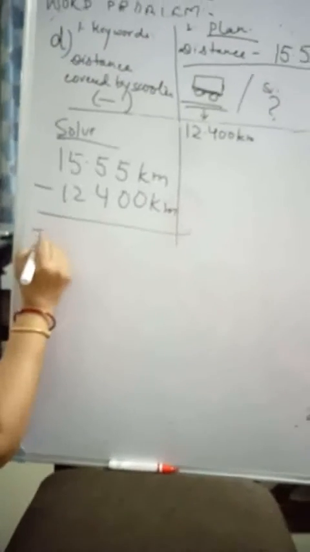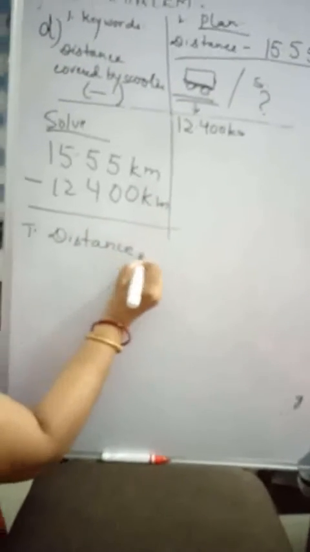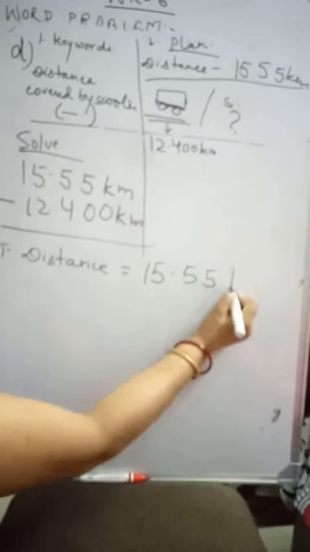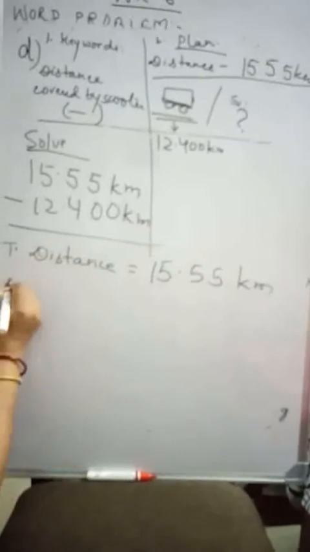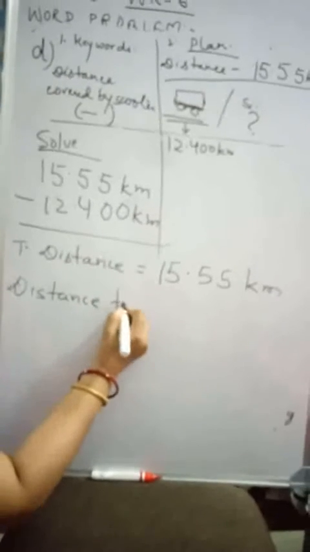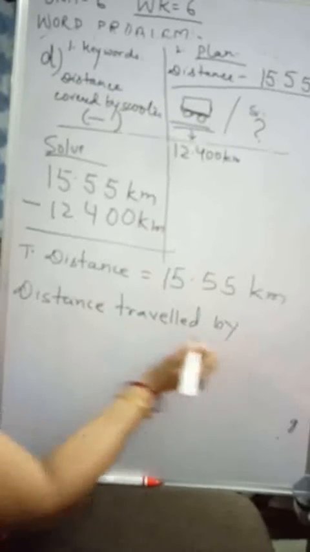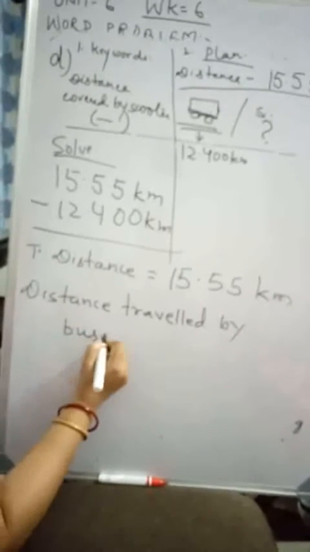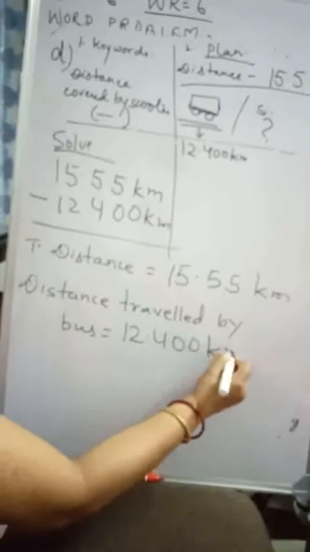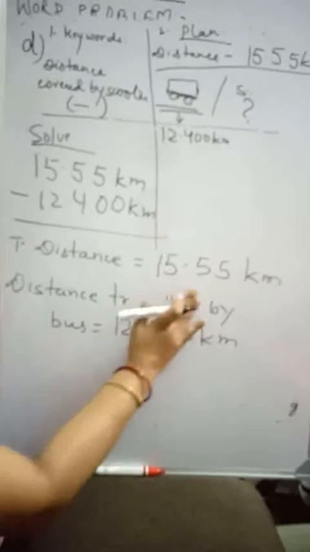So total distance is equal to what? 15.55 kilometer. And distance travelled by bus is equal to what? 12.400 kilometer.